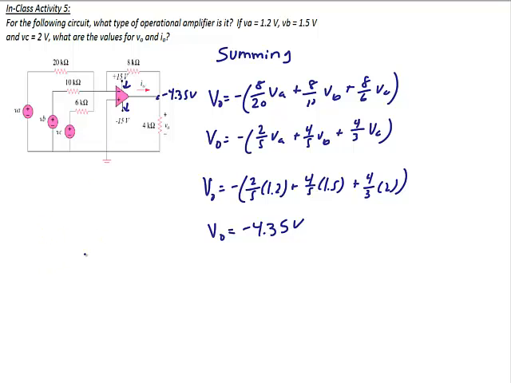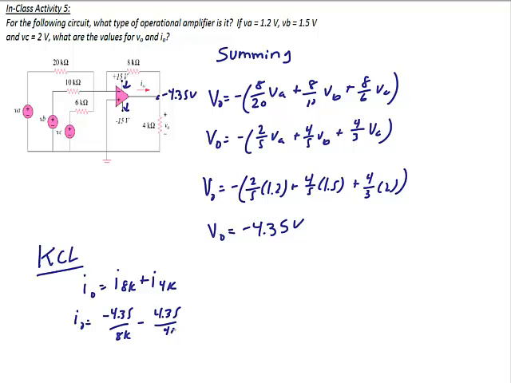So the way that you find I naught is you use KCL. KCL for that node would be that IO, the current into the output node, is equal to the current through the 8K resistor plus the current through the 4K resistor. So in this case, IO would be equal to negative 4.35 over 8K minus 4.35 over 4K.